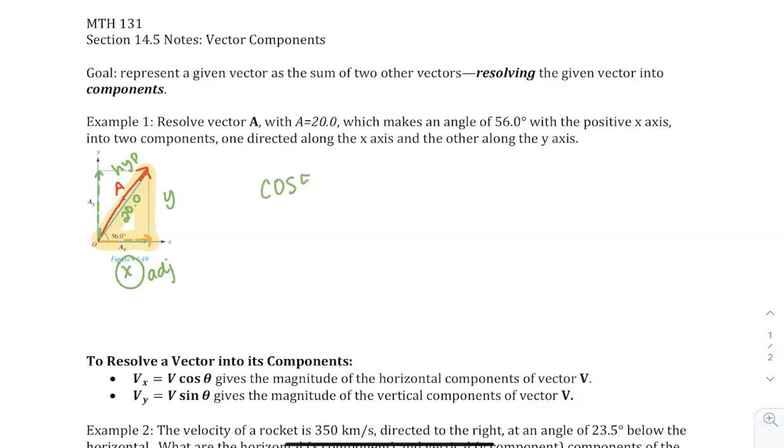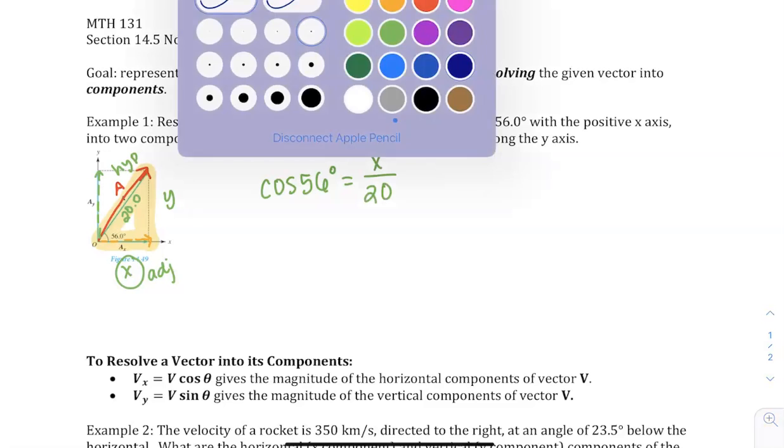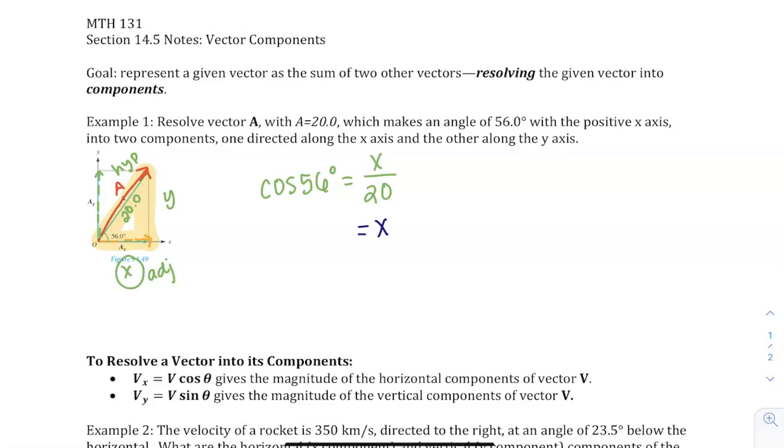Well, cosine of 56 degrees equals X over our hypotenuse of 20. Let me change color. So we multiply by 20, and our X component is 20 times the cosine of 56. Well, how would we get Y? Now Y is on the opposite side, and so sine of an angle gives us the opposite over the hypotenuse.